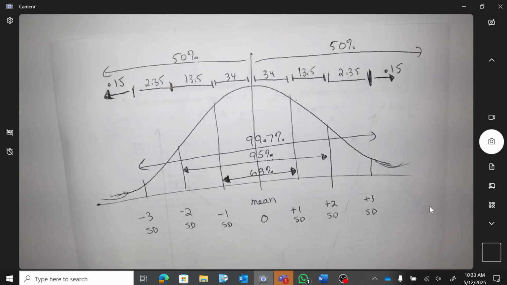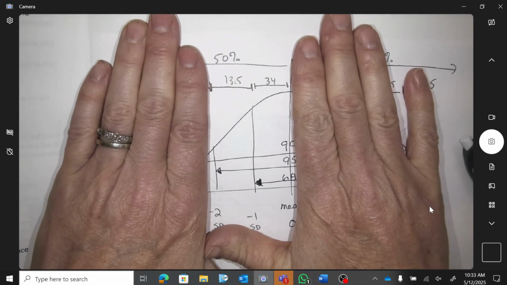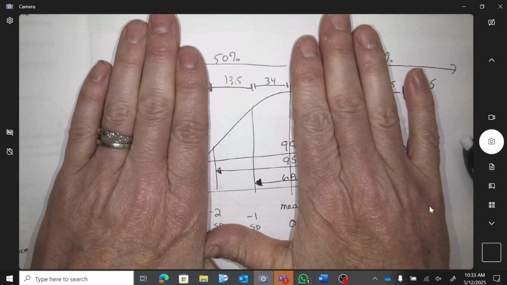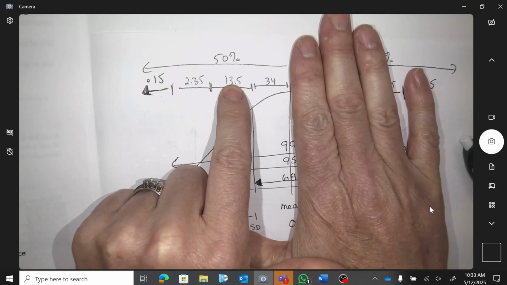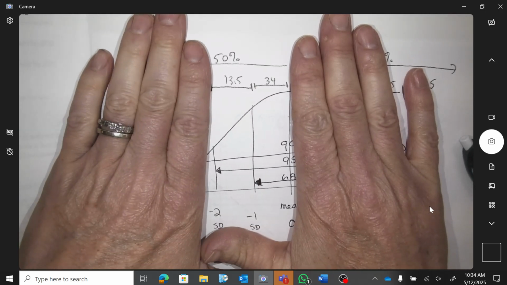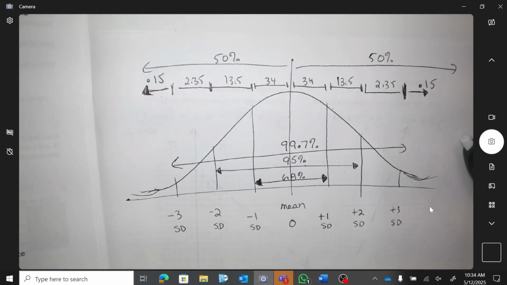What's your answer going to be? So negative 2 to 0 is this. So what am I going to do? Are you going to add those numbers? Does that make sense? But how do those numbers apply to this chart? It will always apply to every chart.